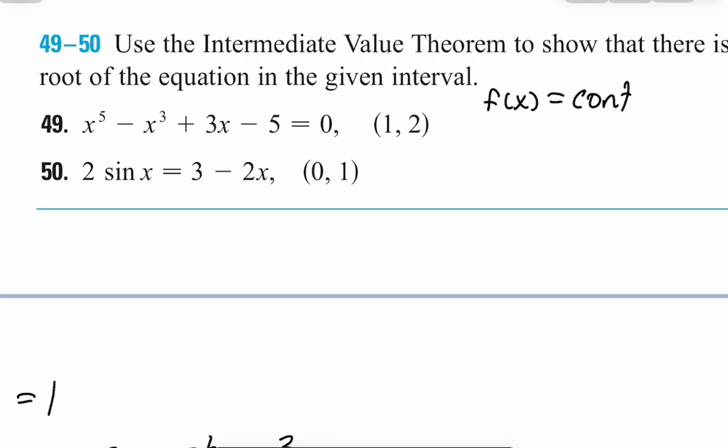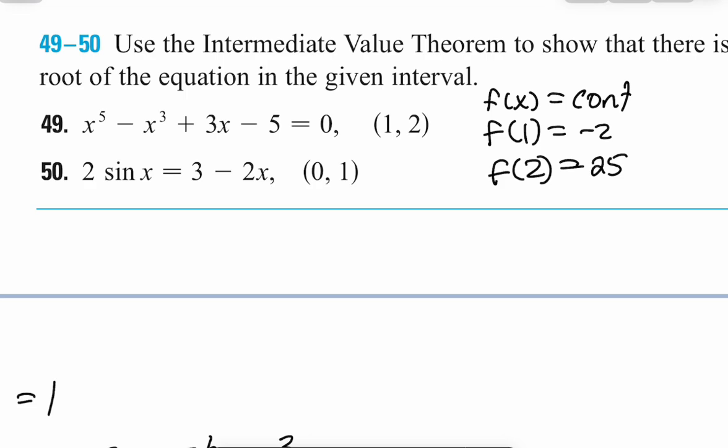If you plug in 1, we're going to plug in the endpoints. If we plug in 1, we get 1 minus 1 plus 3 minus 5 is negative 2. If we plug in 2, we get 32 minus 8 plus 6 minus 5, which is 25.